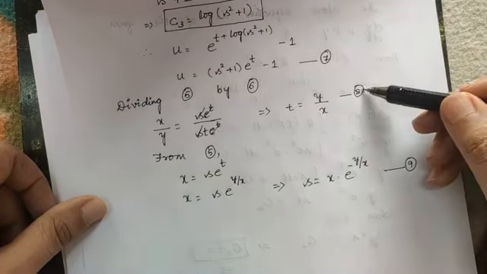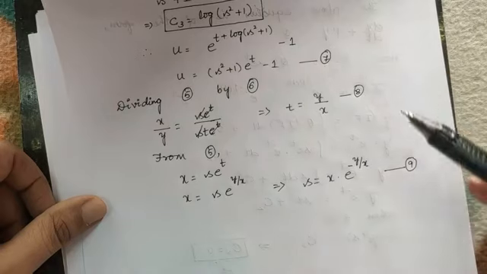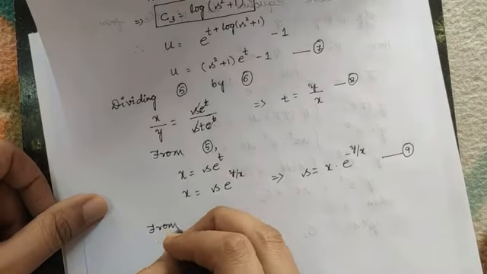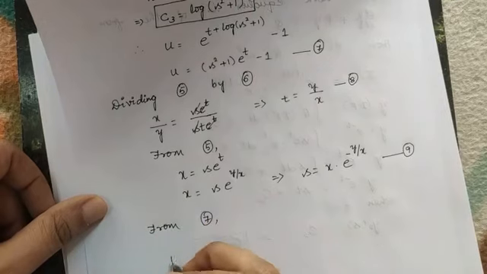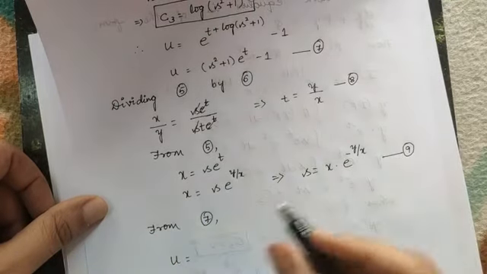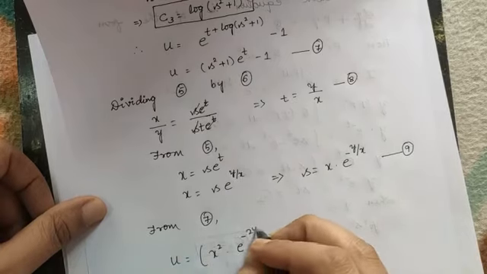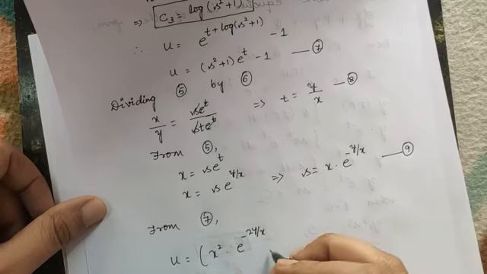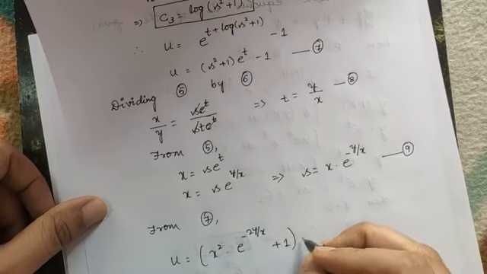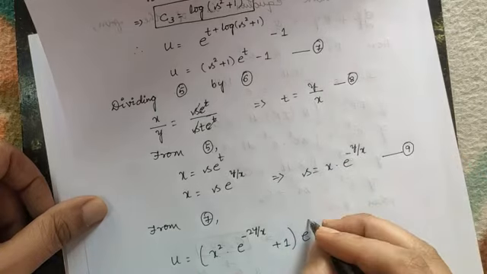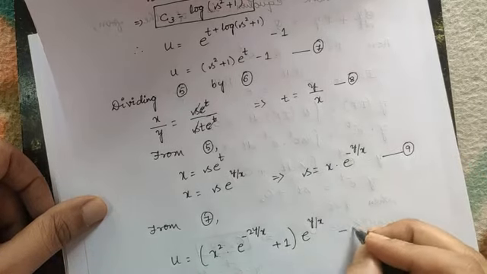Now substitute equations 8 and 9 in your equation number 7. So from 7, u is equal to s square plus 1 into e power t minus 1. So this will become x square into e power minus 2y by x plus 1 into e power y by x minus 1.